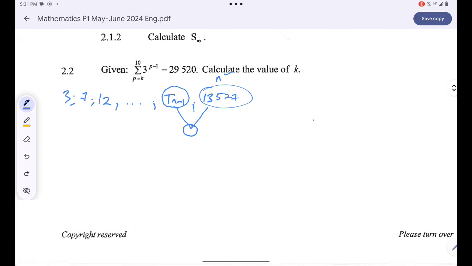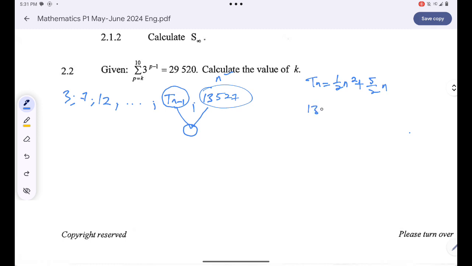So how can you find the position? Simply say Tn is equal to the general term. Now all I have to do is substitute.